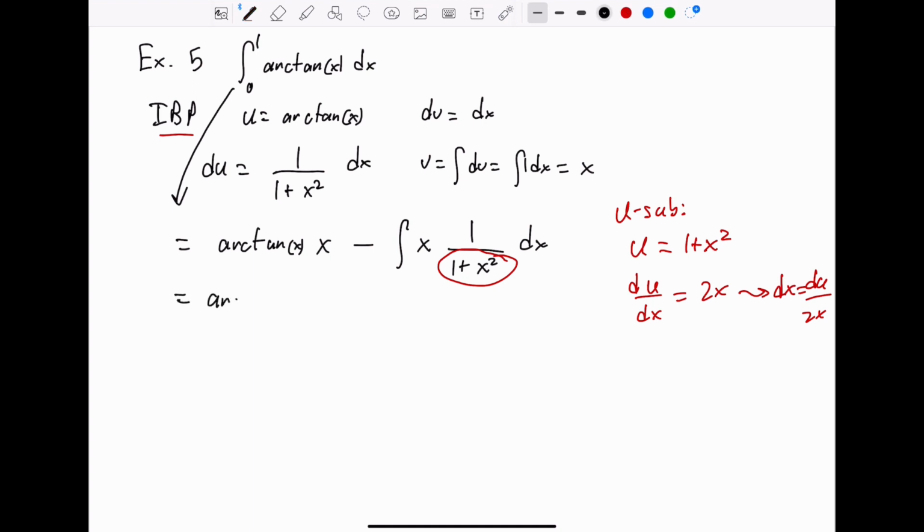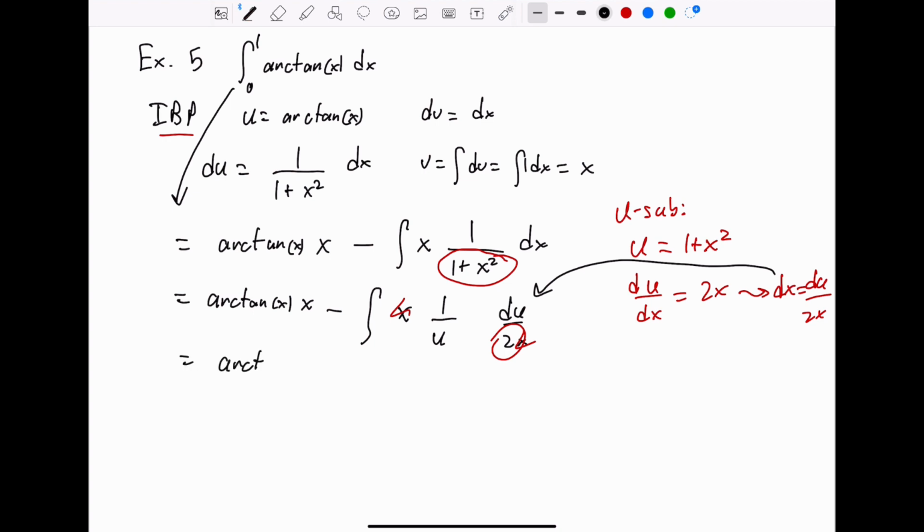We copy down arctangent of x times x minus the integral of x times 1 over u, and now dx turns into du divided by 2x. This is useful. The x's can be canceled, and this 2 in the denominator can be taken out front as 1/2. So we have arctangent of x times x minus 1/2 times the integral of 1 over u du.